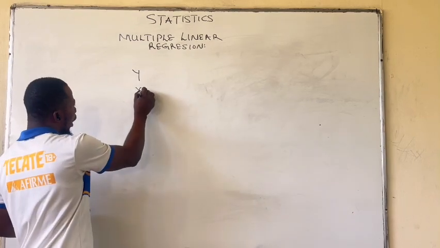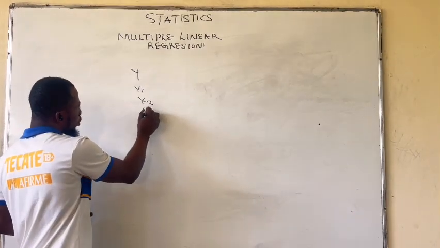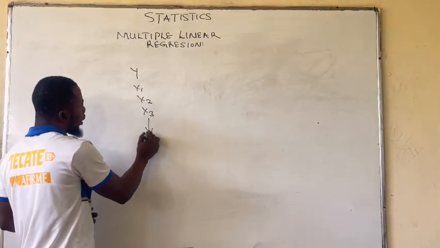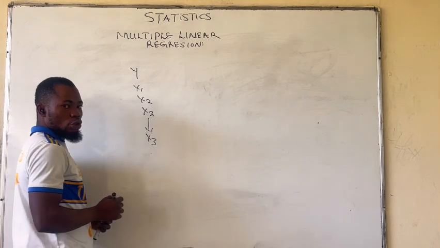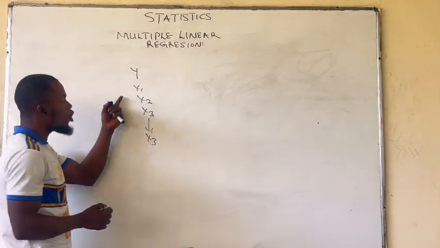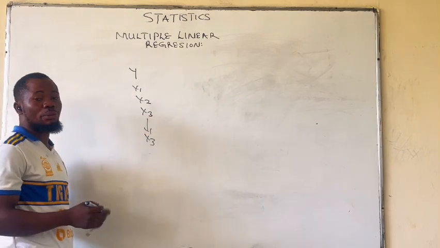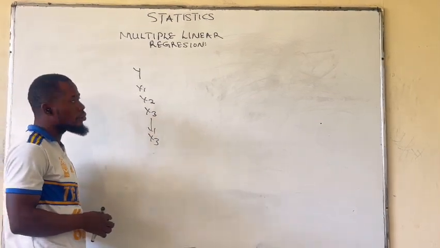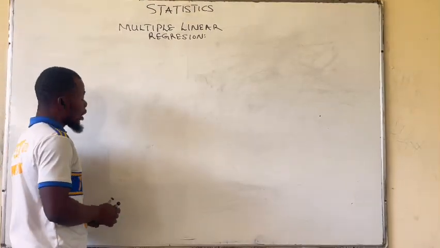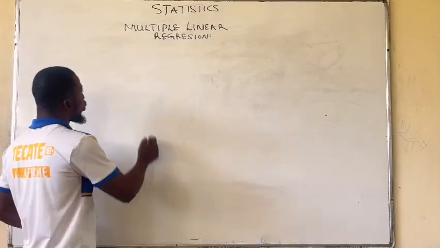You can be having x1, x2, x3 up to xn. Once you are having independent variables more than one, you will be treating multiple linear regression.